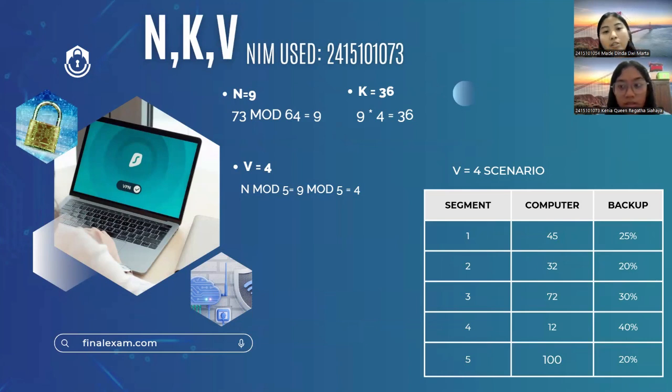Here we use the student ID 2415101073, and we use the last two digits, which is 73.